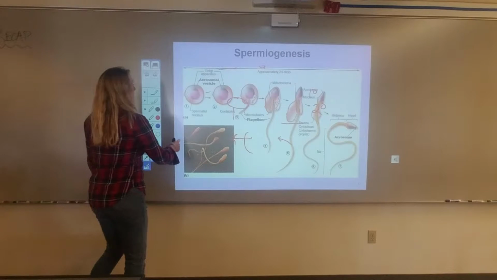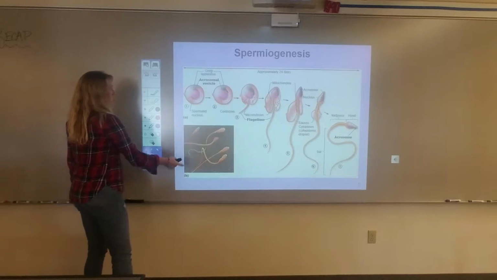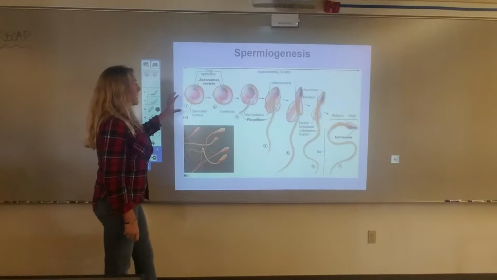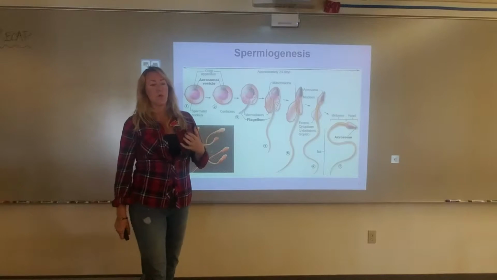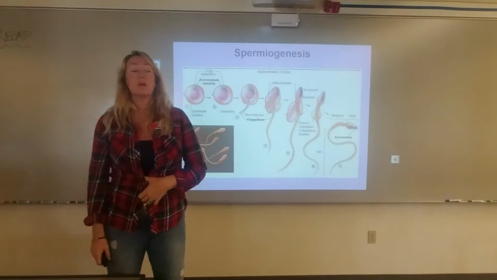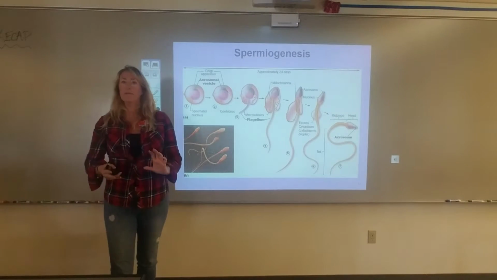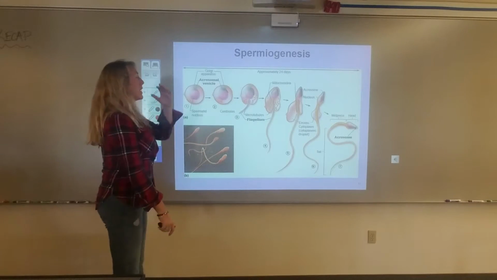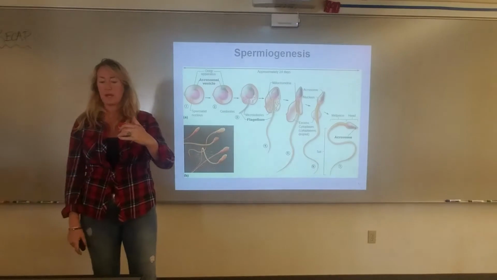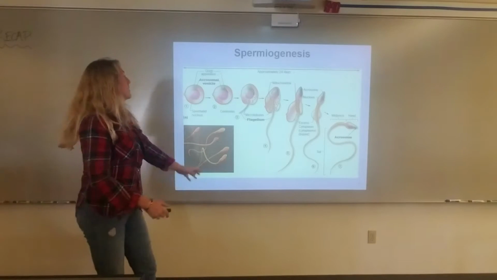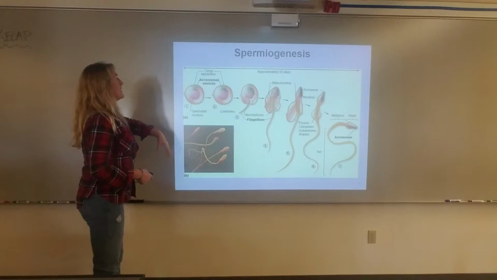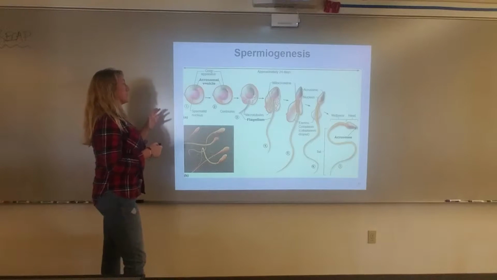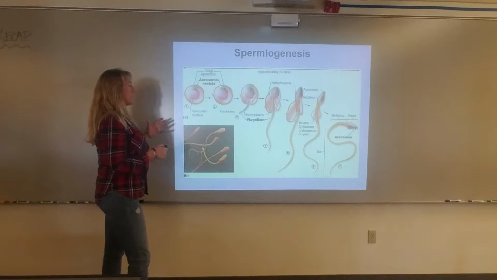So if I enlarge just that spermiogenesis section, some other key things happen in getting a normal sperm that's able to fertilize. So you make 4 from 1, that's meiosis 1 and 2, right? Primary spermatocytes and secondary spermatocytes and the spermatids. The spermatids now end up growing something called an acrosome or an acrosomal vesicle.